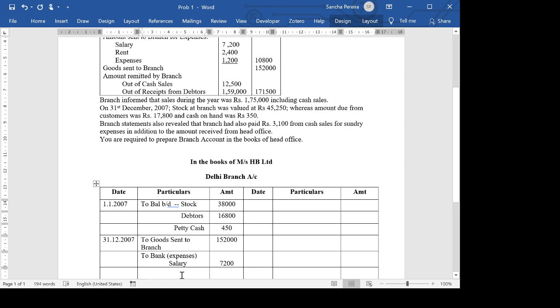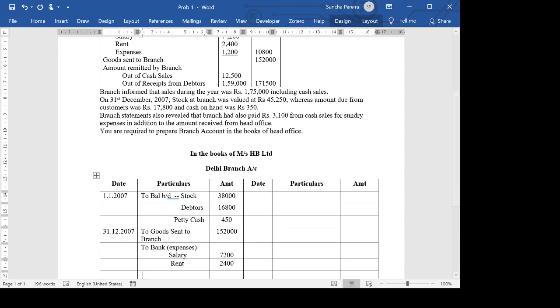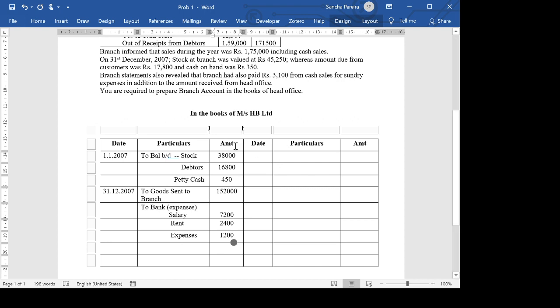Then we have rent, which is 2,400, and we also have some random expenses, 1,000. Now, some of you may just write these in the inner column, total it, and write it outside. That is also fine. Similarly, here you may write this in the inner column, total it, and write it outside. It's up to you how you want to write.